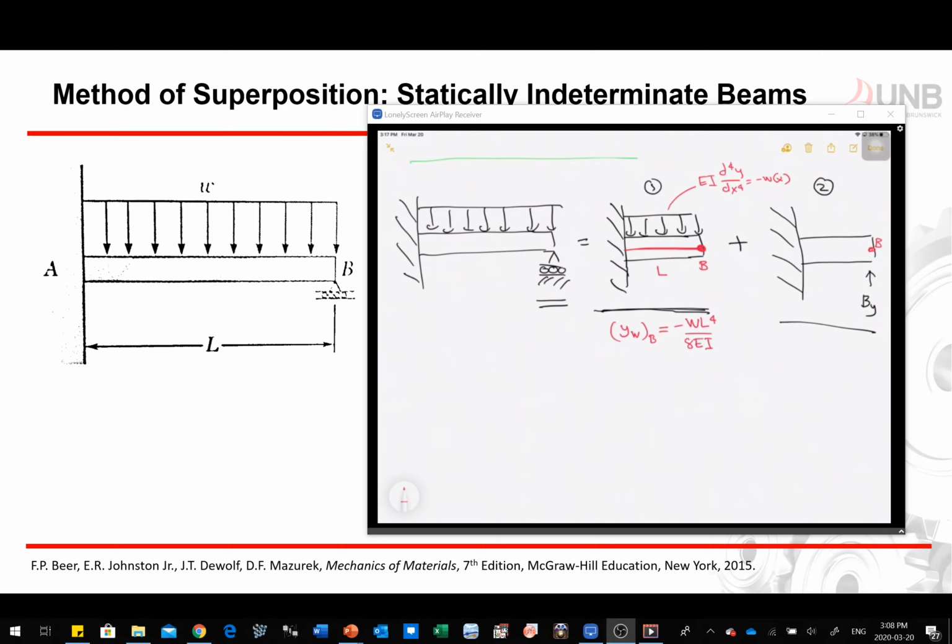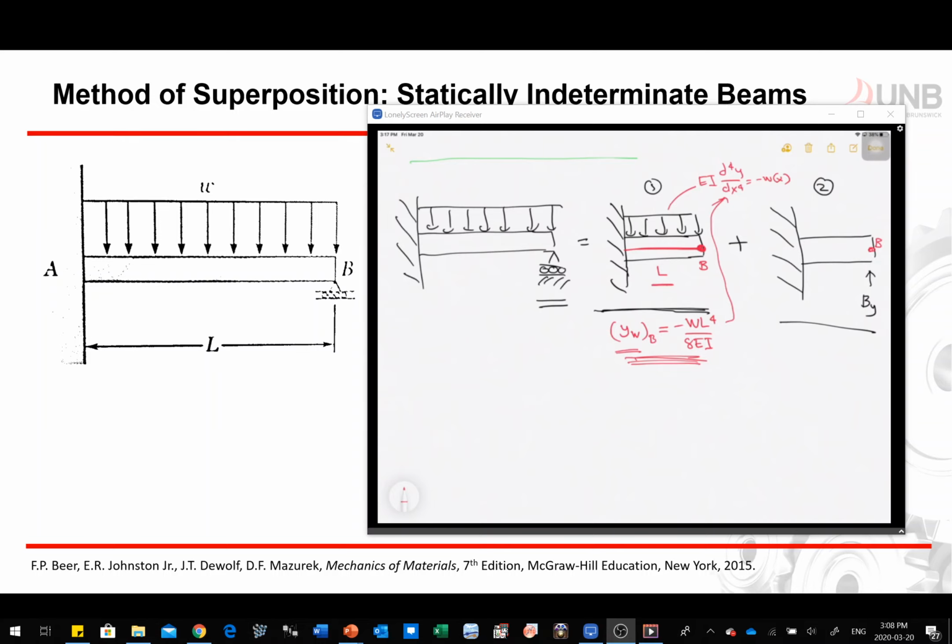Again, this is from your previous lecture. To get this equation, you can use the fourth order differential equation, integrate it 4 times, get C1 up to C4, and substitute those constants into your deflection equation. Then substitute x with L because we are talking about the specific point B, and you will get this.